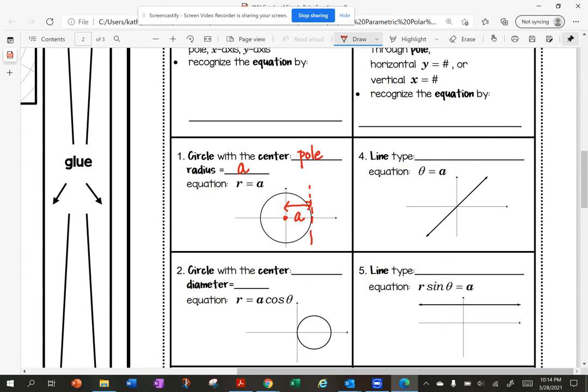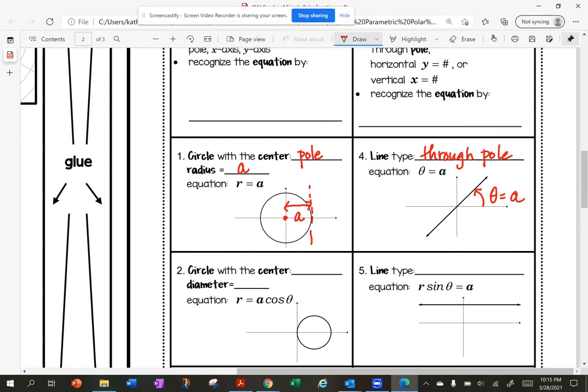And a line type where we have a line through the pole. I have an equation where the angle equals A. So theta equals A here.